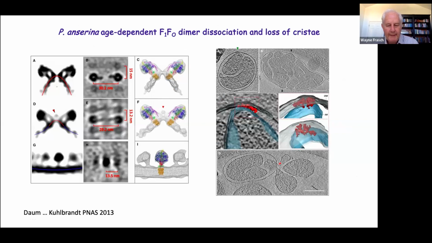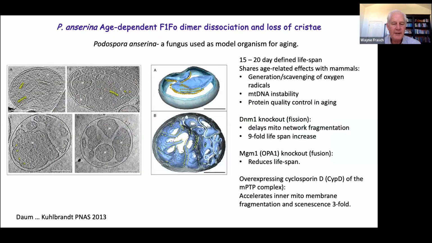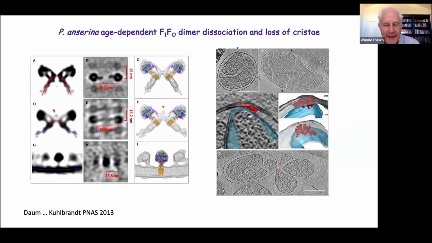Kulbrandt's studies show that as you go from healthy to aging, one of the things that happens is that at the beginning, when it's a young Podospora, you have lots of nicely formed cristae, and you have your F1FO dimers. But as you progress towards aging, you'll see that these proteins that are linking the dimers start to break down.